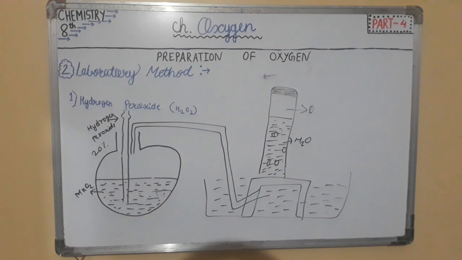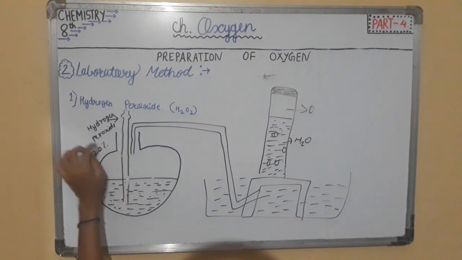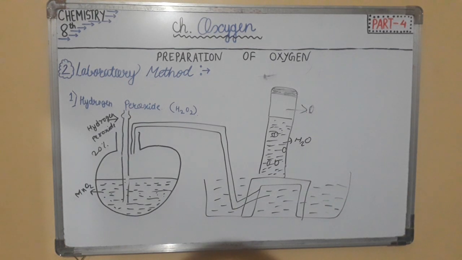Third, hydrogen peroxide is poured through the thistle funnel. This is the thistle funnel. Fourth, hydrogen peroxide is allowed to trickle drop by drop on manganese dioxide. Fifth, it rapidly decomposes to form water and oxygen gas.